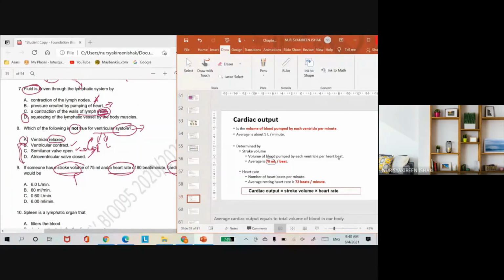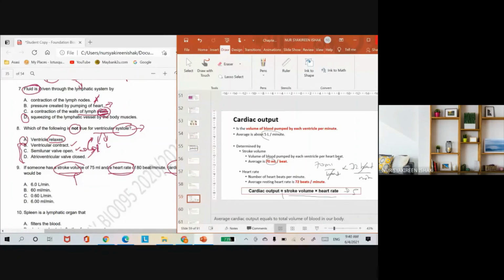So for a normal person, 70 ml per beat times 72 beats per minute, you get about 5 liters per minute.